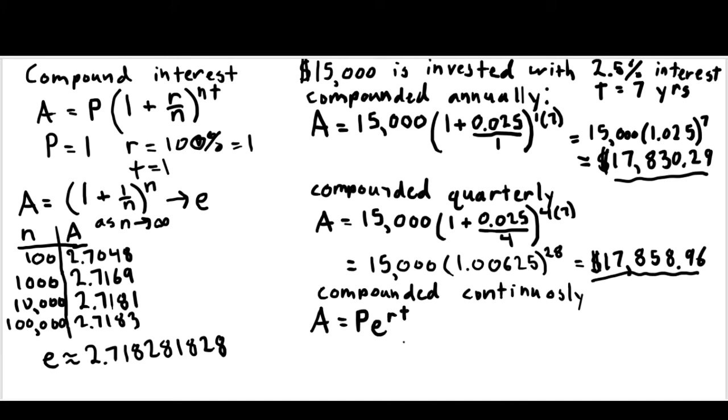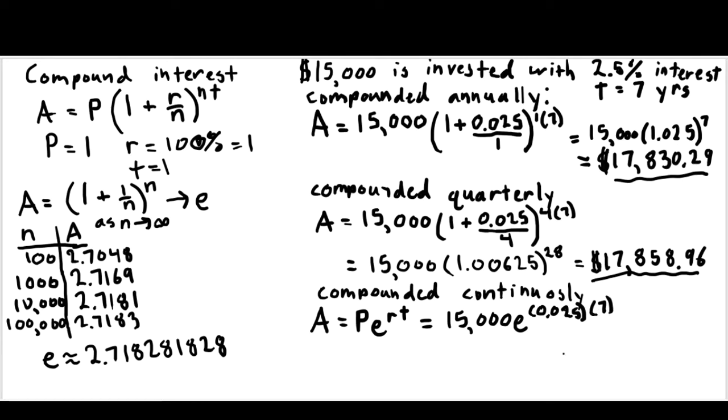So we have an exponential equation where the base is e, and the exponent is the interest rate times the time. If I apply this to the example I was doing, again, 15,000 e raised to the power 0.025 times 7 years.